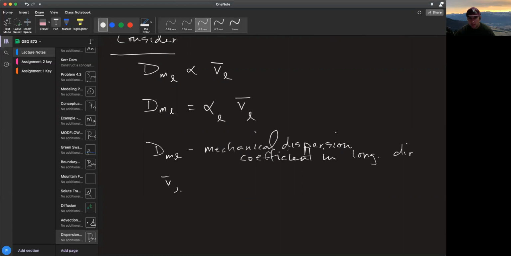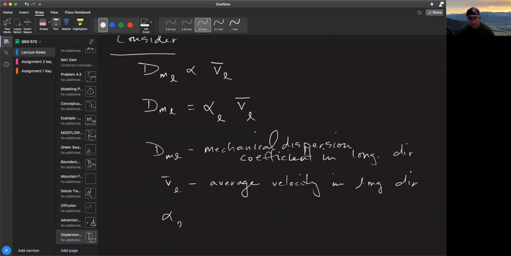V bar sub L is the average velocity in the longitudinal direction. It should basically just be equal to the average velocity in this case.